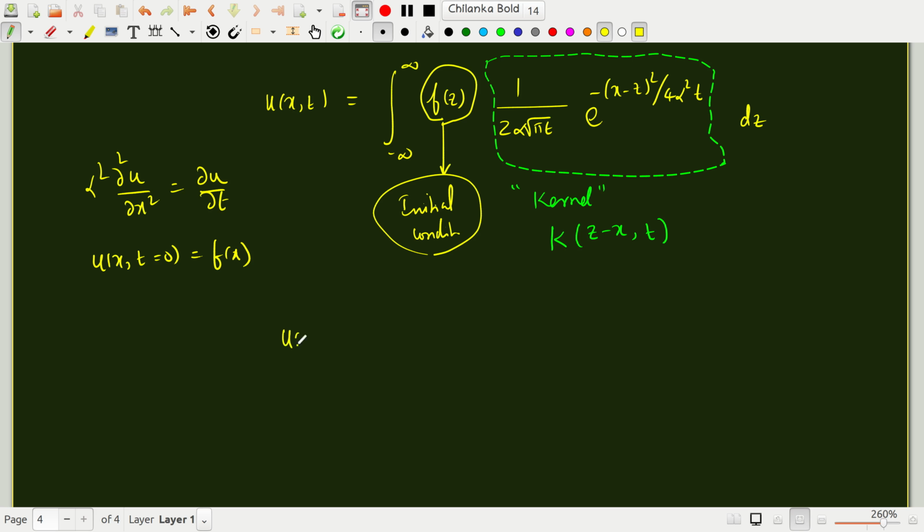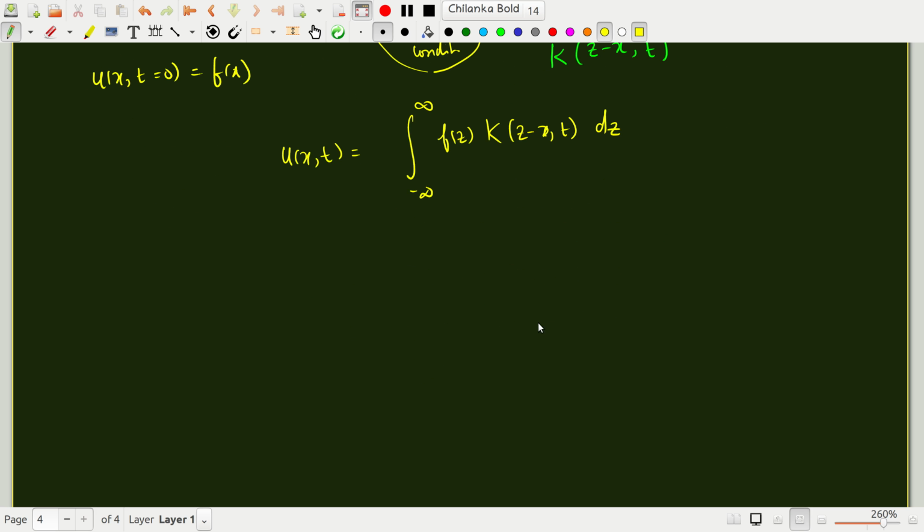So you can write this as u of x, t as the integral from minus infinity to infinity of f of z, k of z minus x, t, dz.